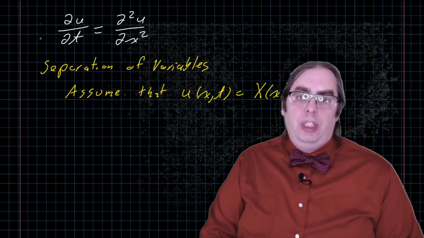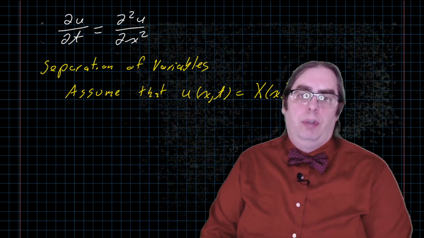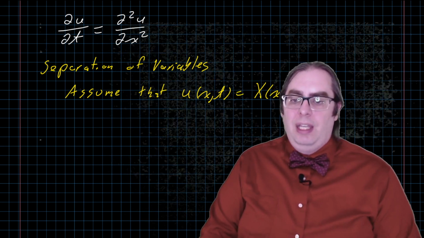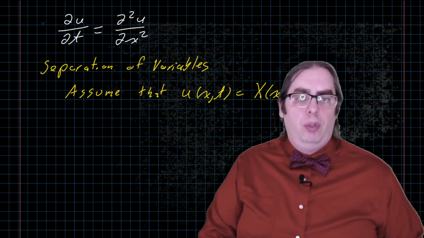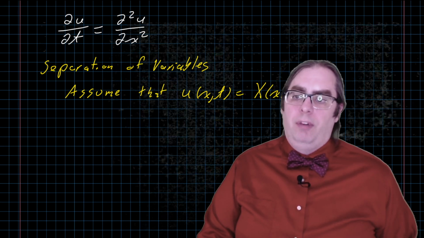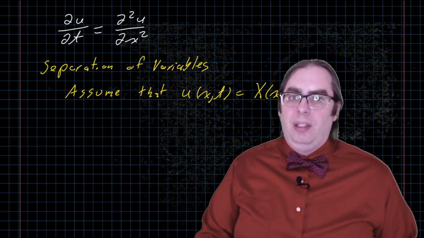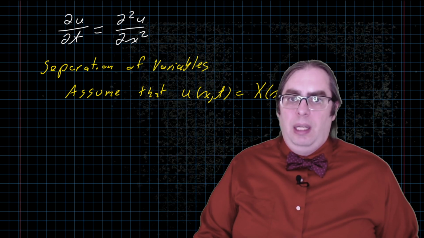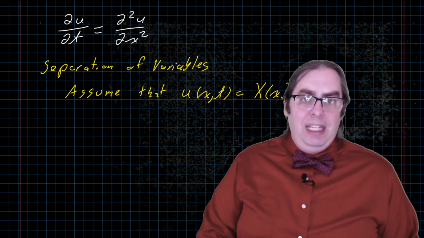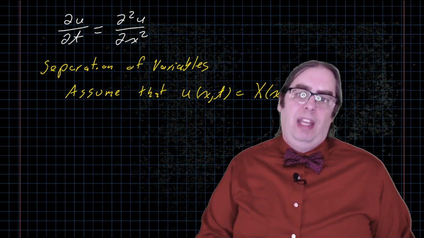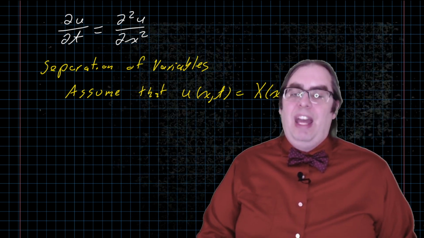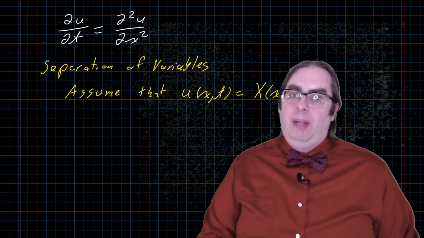A solution to this partial differential equation exists. The solution to the initial boundary value problem involving this partial differential equation is unique. And so, if any method gives us a solution, that will be the unique solution and we will have solved the problem.